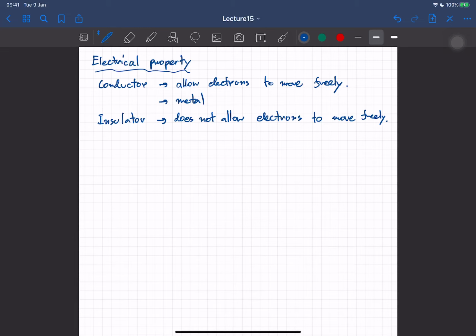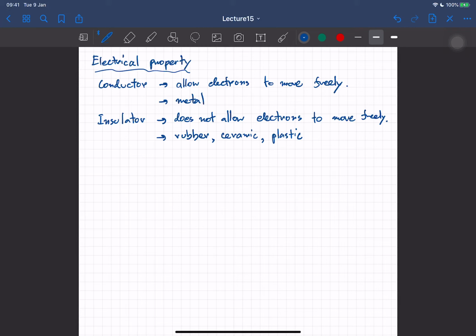It's just that electrons cannot move from one end to the other without anything happening. That's not going to be the case for an insulator, and you're going to see that in a few moments. But what's an insulator? Most of the time you can safely think that it's rubber, ceramic, plastic, something like this. Any non-metallic stuff is usually an insulator.